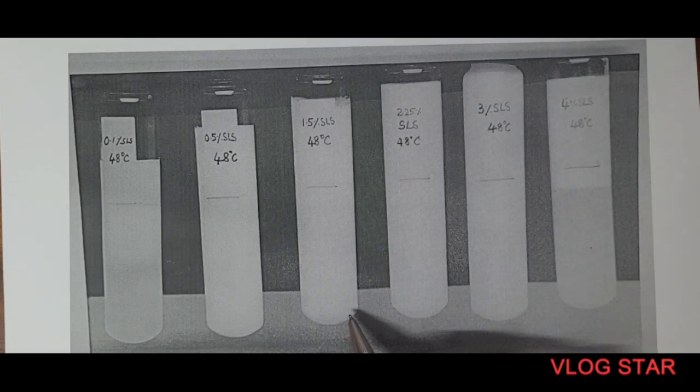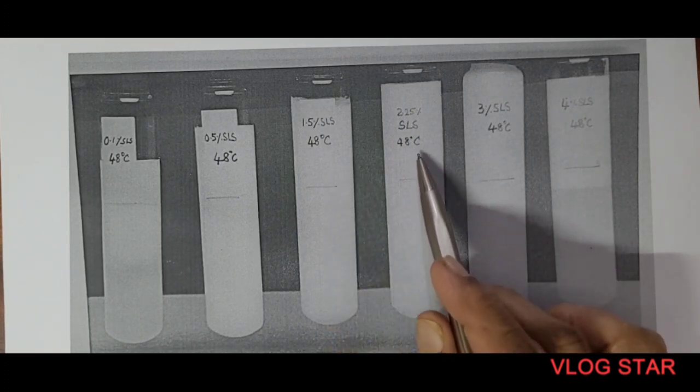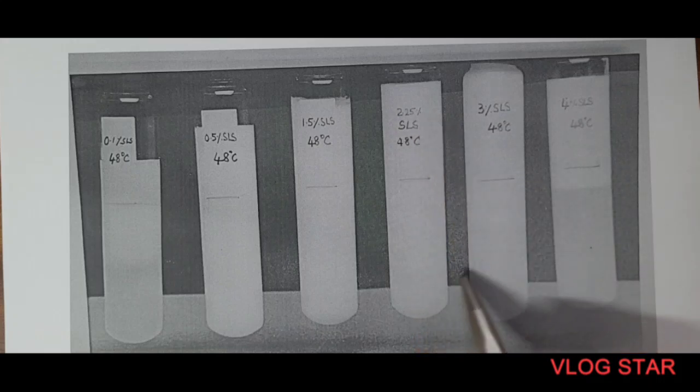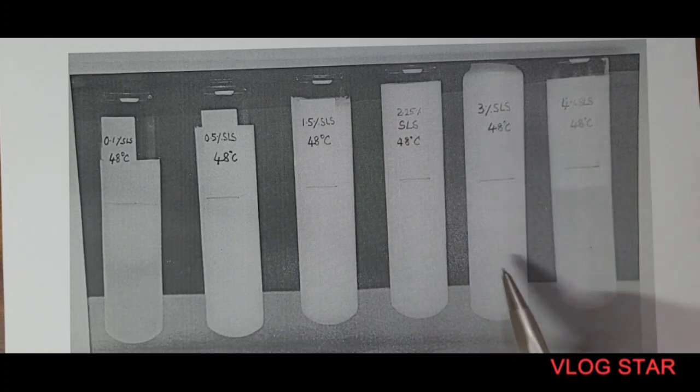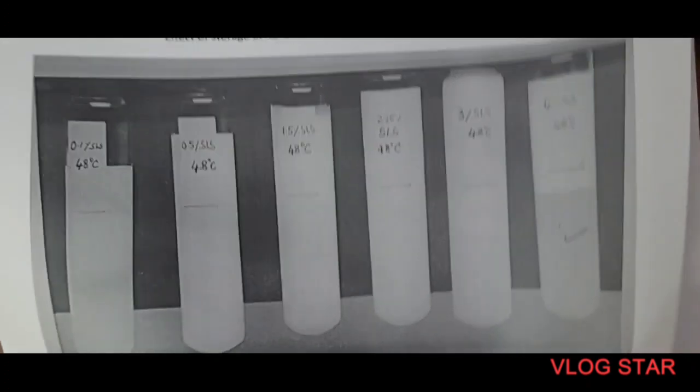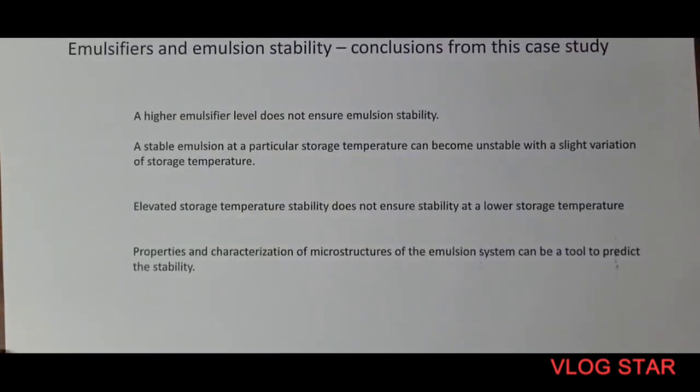You see creaming only, no separation. At 2.25 also, but here creaming is more. You can see less dense and more dense. Here at 4% it's a clear separation. So this is one pictorial representation of the observation.